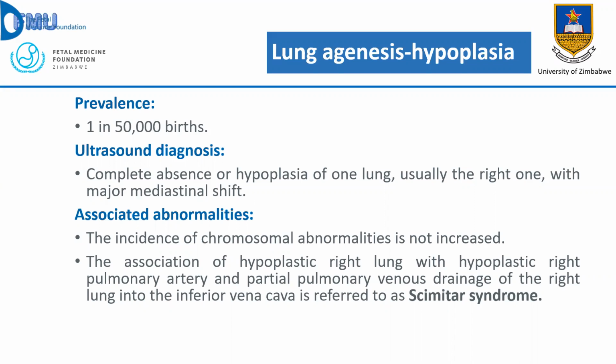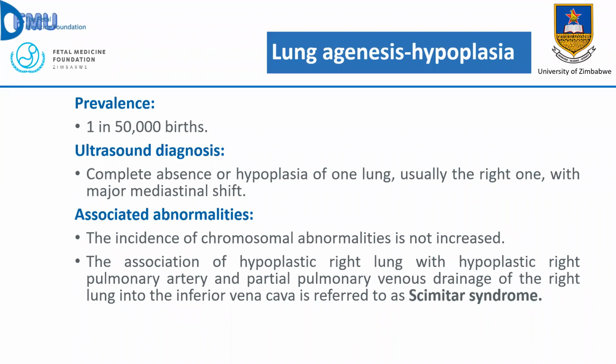Again, it's not a very common condition. The incidence of chromosome abnormalities is not increased. The association of hypoplastic right lung with hypoplastic right pulmonary artery and partial pulmonary venous drainage of the right lung into the inferior vena cava is referred to as Scimitar syndrome.